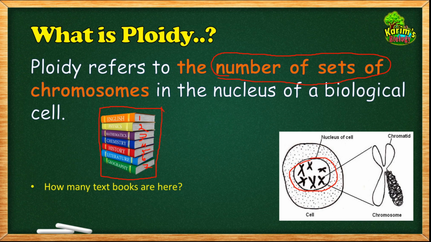Can you tell me what the subjects are? First one is English, then a physics textbook, mathematics textbook, chemistry textbook, history textbook, literature textbook and geography textbook. In other words, the information that these books contain is different from one book to another. In the English textbook you find content related to English, in the physics textbook you find content related to physics, and so on.